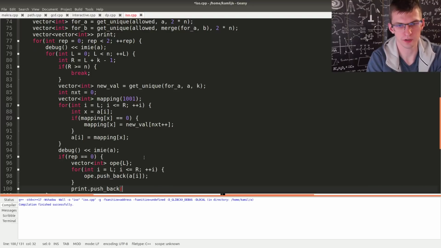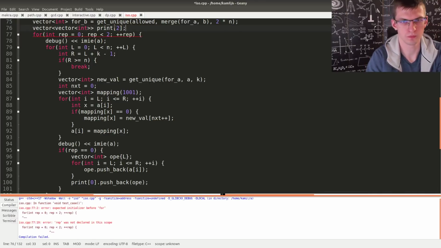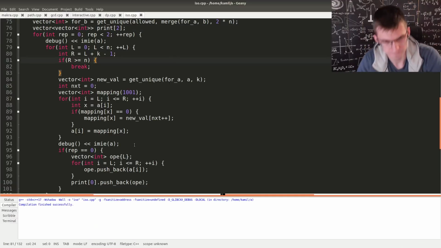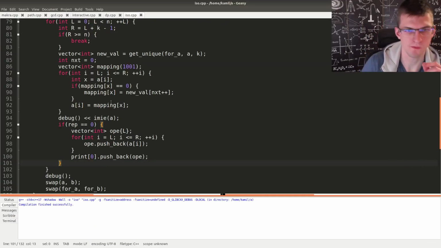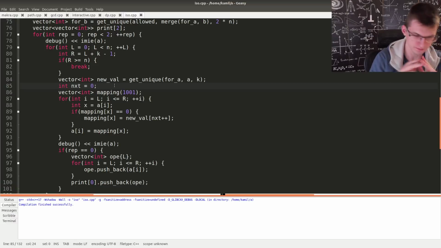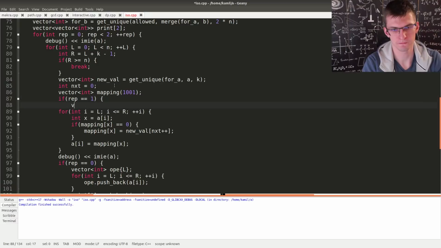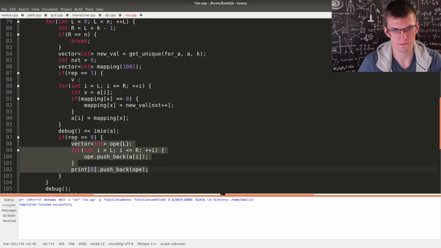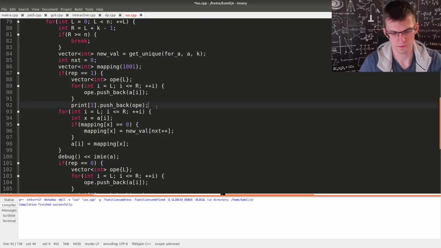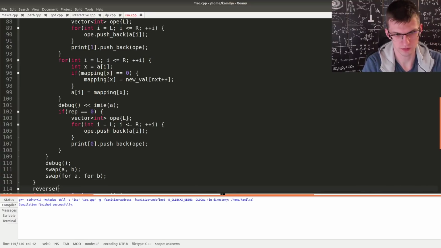Print pushback operation. No, print of 0. Else. Otherwise I go from the end. And before the change. And additionally I will need to reverse.